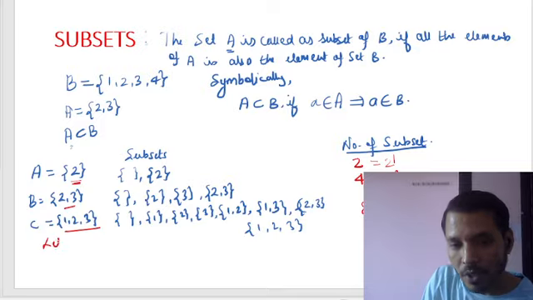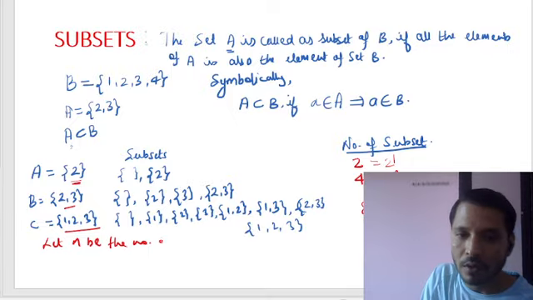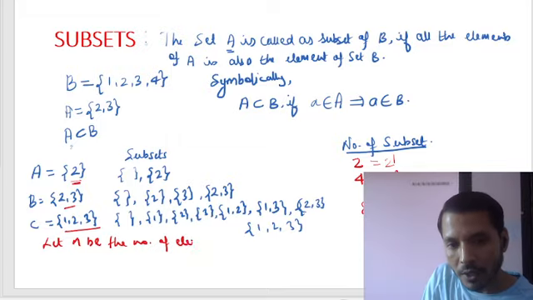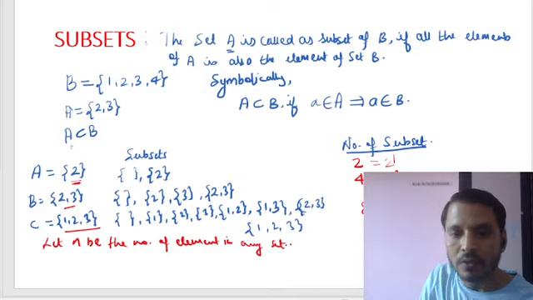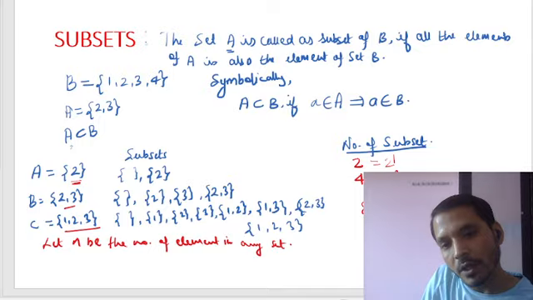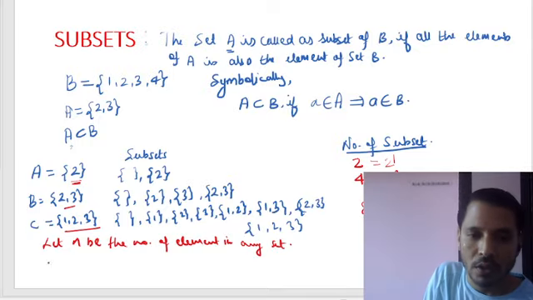Let us suppose we take n to be the number of elements in any set. Then can you tell me by this concept how many subsets there will be for that set?